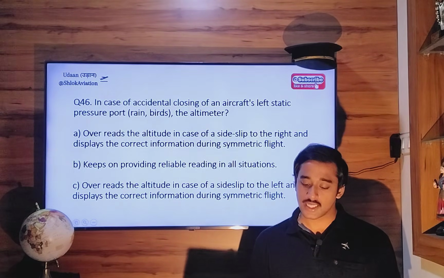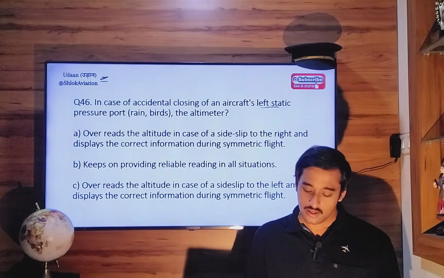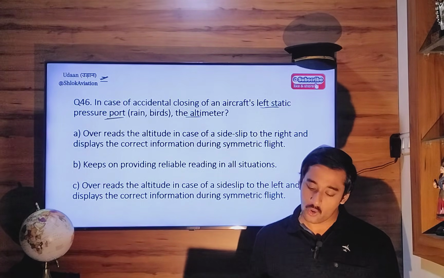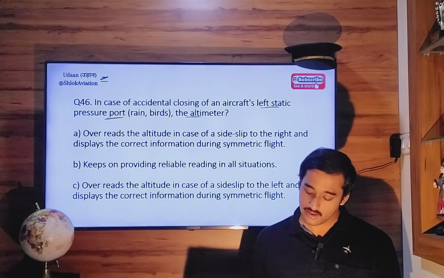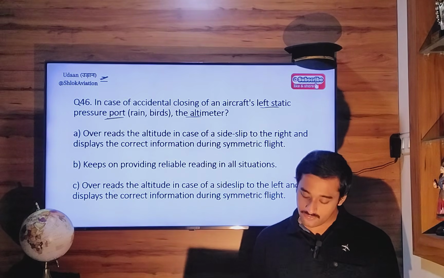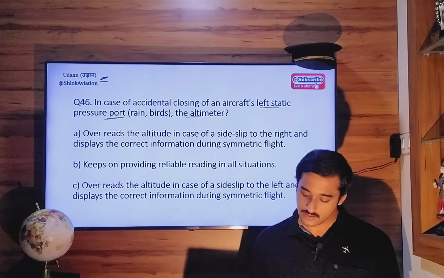46. In case of accidental closing of the aircraft's left static port, the altimeter will do what? It will overread in case of a side slip to the right, overread in case of side slip to the left, or display correct information during a symmetric flight.